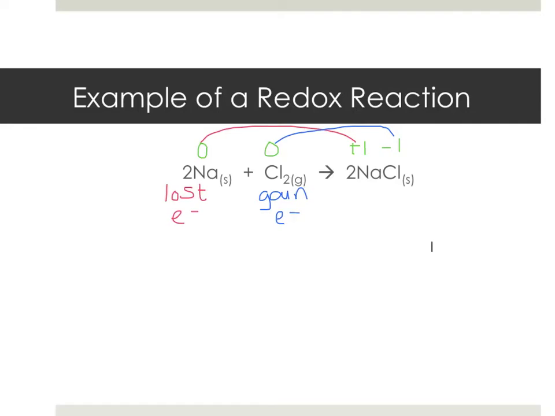Therefore, in this example, sodium lost an electron and chlorine gained that electron, making sodium the thing that was oxidized and chlorine the thing that was reduced.